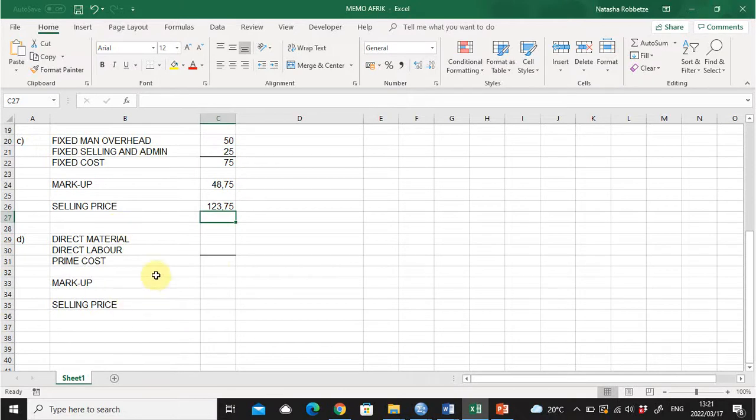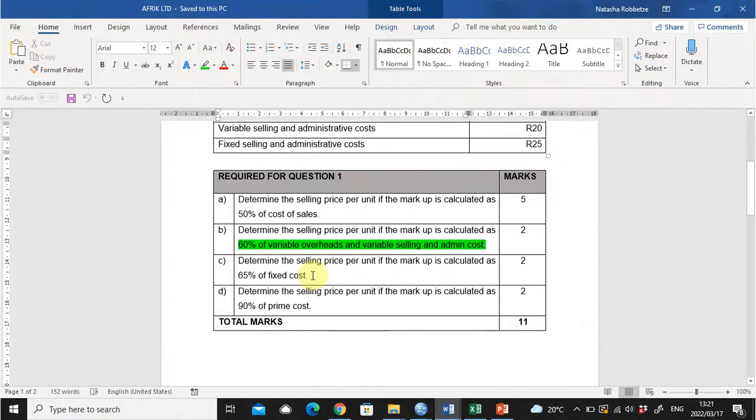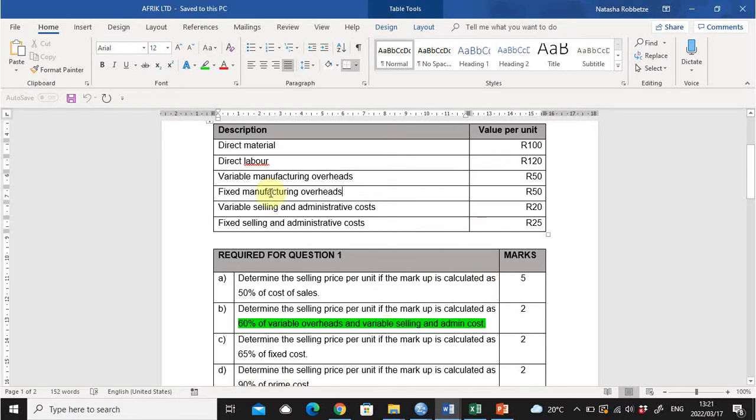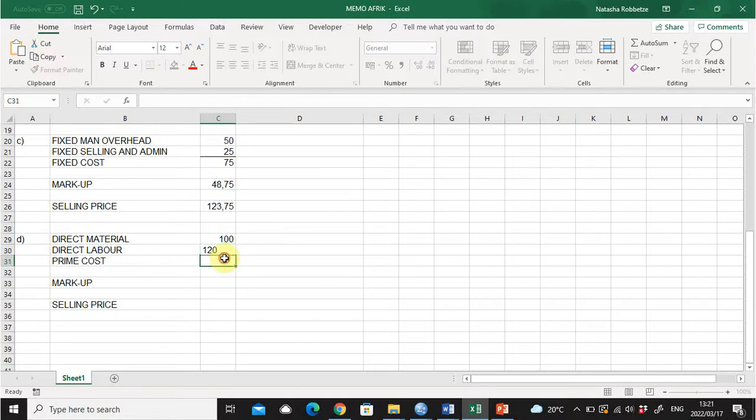Finally, in required number D, they ask of us to calculate the selling price if the markup is 90% of the prime cost. So the prime cost would be material plus labor. So I'm going to just add that. It's 100 Rand and 120 Rand respectively. Added together, it should be 220.